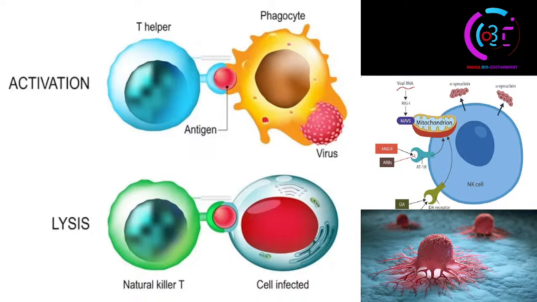Then the natural killer cells, apart from recognizing and killing, have another very important function: they have the ability to initiate inflammatory response. Inflammatory response is the swelling of certain parts of the cell.